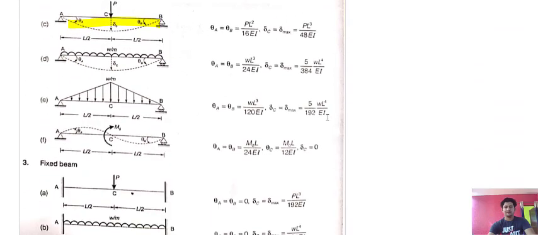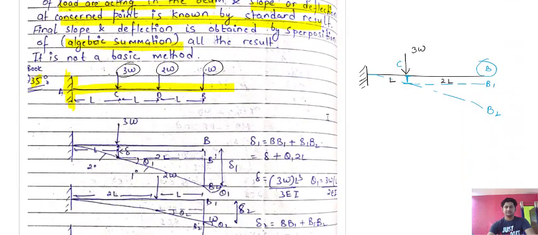So I will be writing down here that theta C, the slope at C point, will be, because this is a cantilever beam which is having a point load at the end, theta C will be PL square upon 2EI. I hope this point is clear.